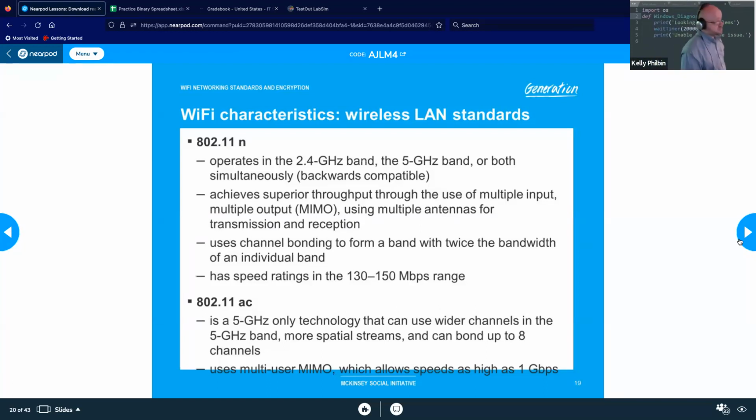And the nice thing was we jumped up from the 54 megabits to 130 to 150 megabits per second, which is really nice for Wi-Fi at this time. So backwards compatible, uses 2.4 and 5, implementation of MIMO.